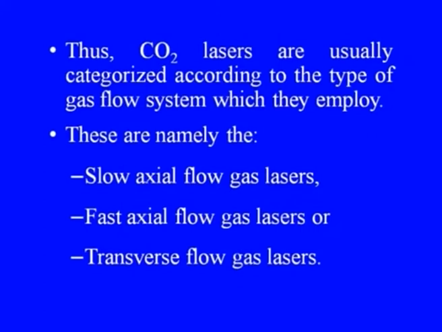Thus, carbon dioxide lasers are usually categorized according to the type of gas flow system which they employ. These are namely the slow axial flow gas lasers, fast axial flow gas lasers, and transverse flow gas lasers.